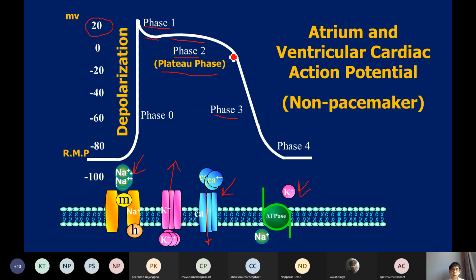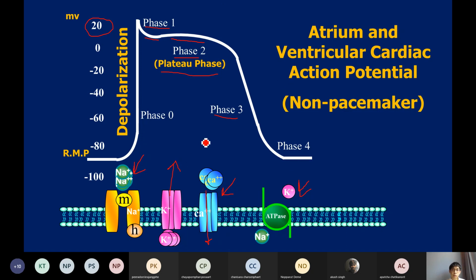This leads to less positivity until the membrane potential is negative again, around -90 millivolts, and this ends up in phase 4 of the action potential of non-pacemaker cells.